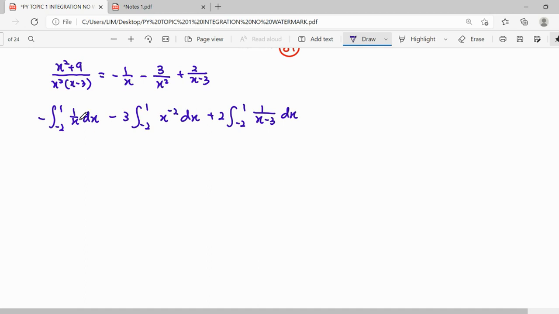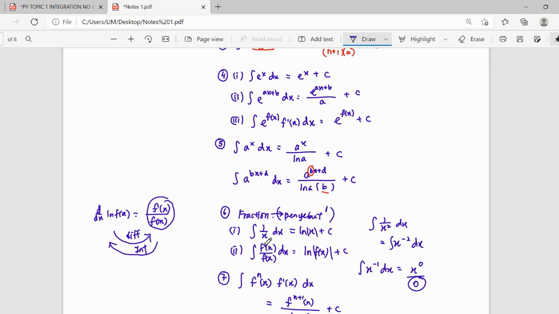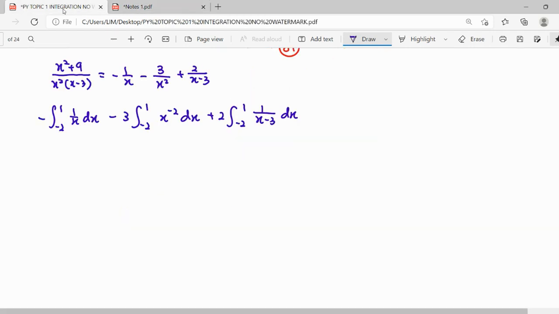Okay, so we can see this is ready to integrate. This is also ready to integrate. This is also ready to integrate. For this, you can see our fraction formula has only two types: whether you integrate 1 over x, or you integrate another function. If you integrate another function, you just make sure that up there is your differential function.